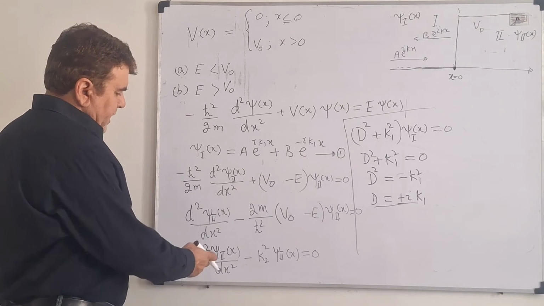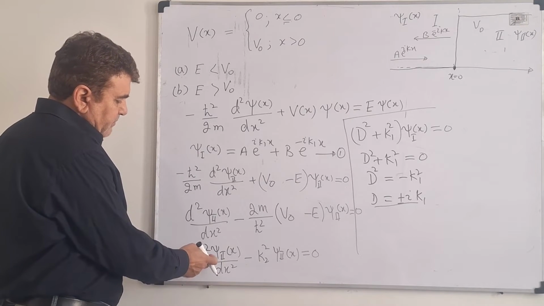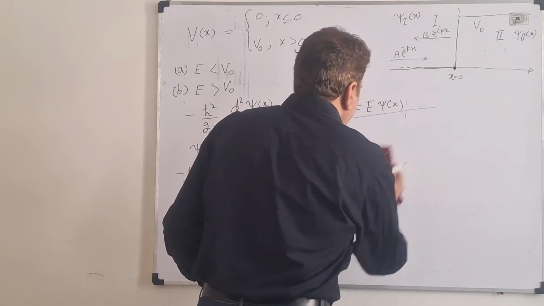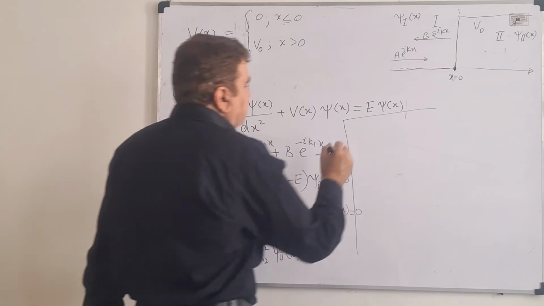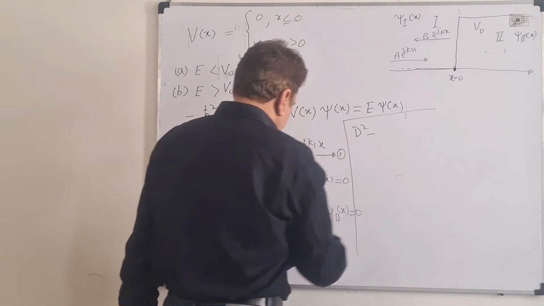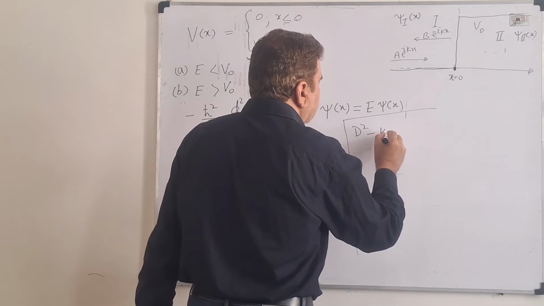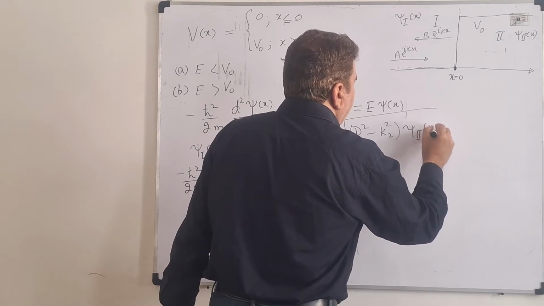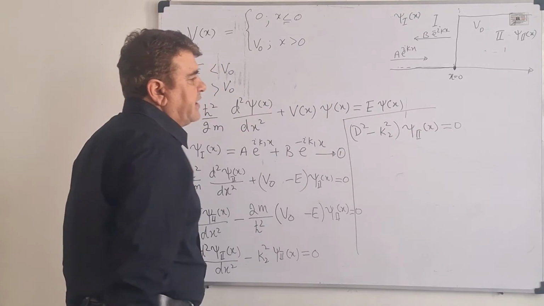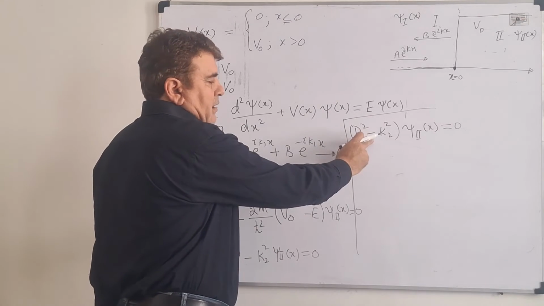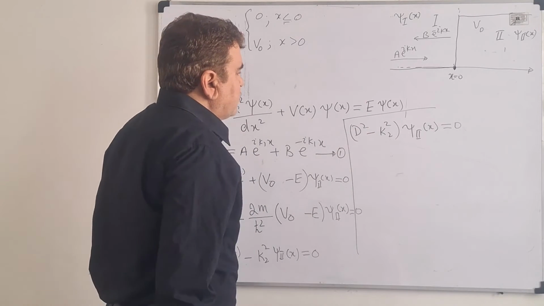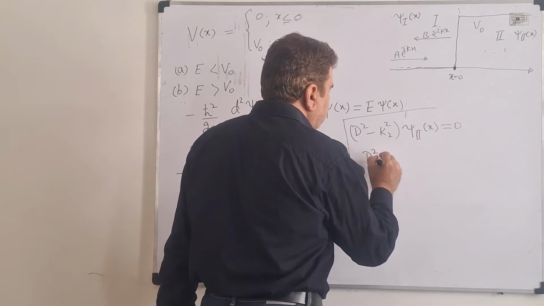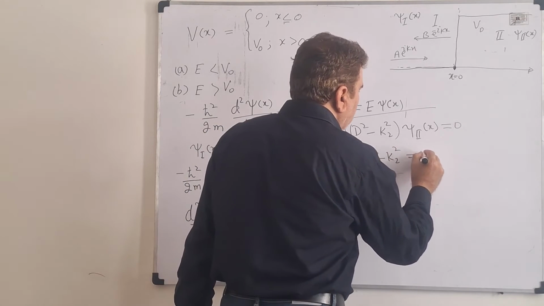Again, I can find the roots of this equation by writing d squared minus K2 squared multiplied with psi 2 of x equals 0. I again have the same form of the equation, but this time we have a negative sign over here. So this term goes to 0, and this must not be equal to 0. So I write this as d squared minus K2 squared equals 0.